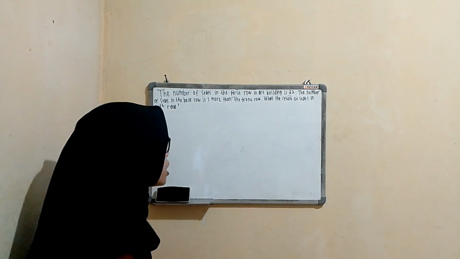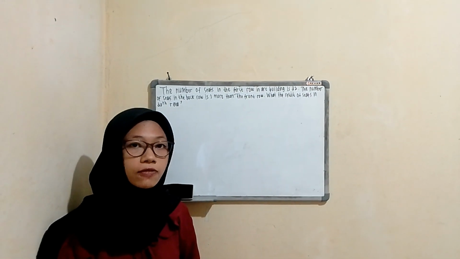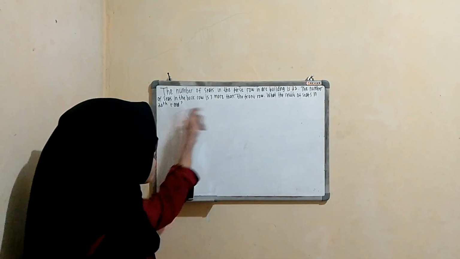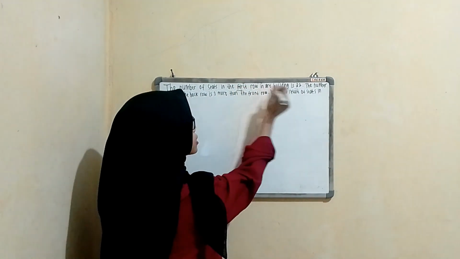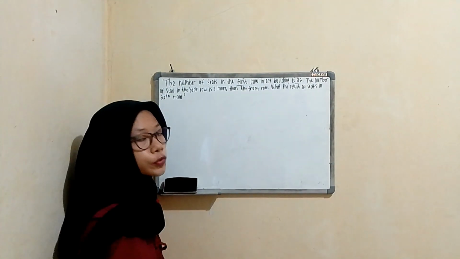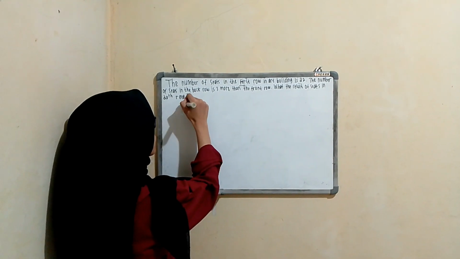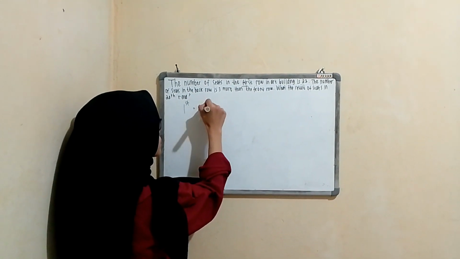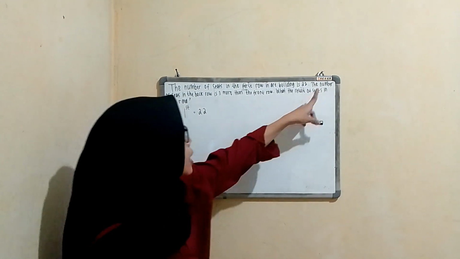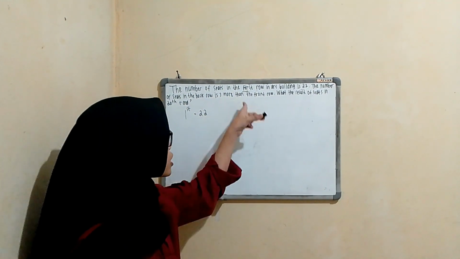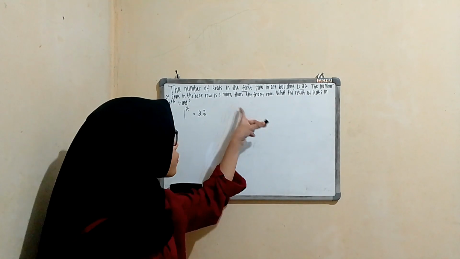Okay. First, let's identify the question. The first row in our building is 22. I will read it: the first is 22. And then the question gives you a clue. The number of seats in the back row is 3 more than the front row.